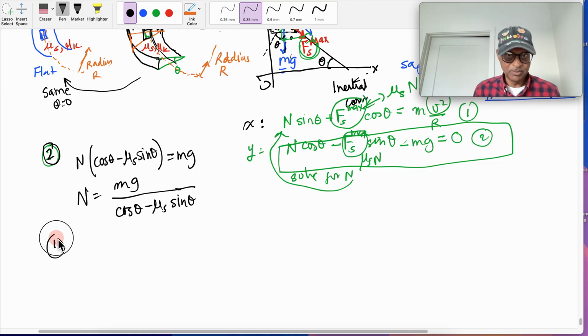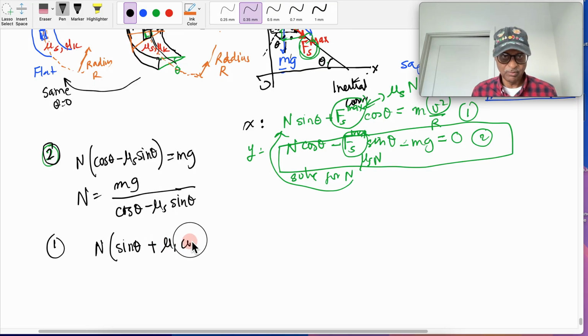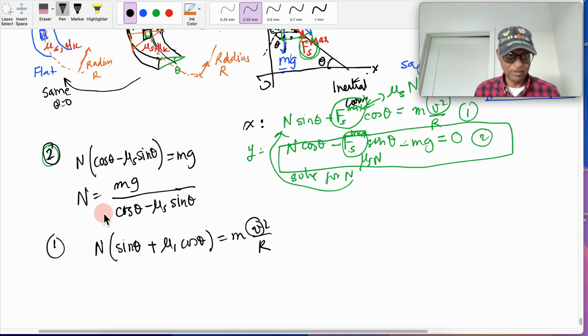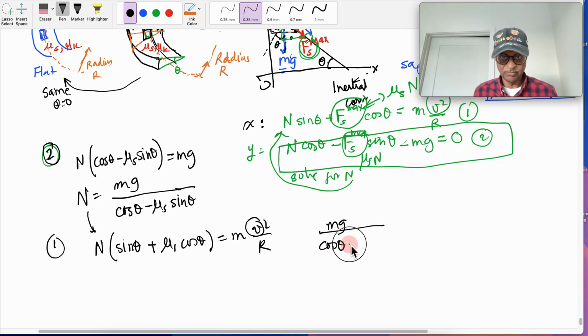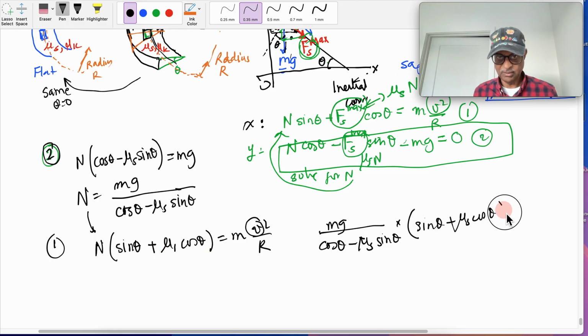So plug into equation 1: n sine theta plus mu s cosine theta times n equals m v square over r, and I need v, that's the question. So n over here gives me mg over cosine theta minus mu s sine theta, and then you have this stuff here, sine theta plus mu s cosine theta, equals mv square over r.